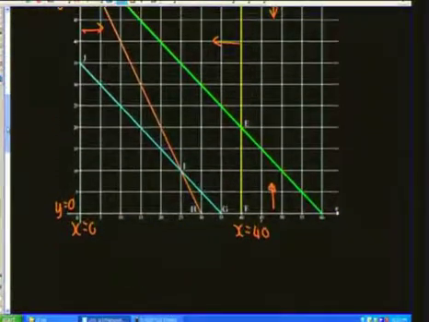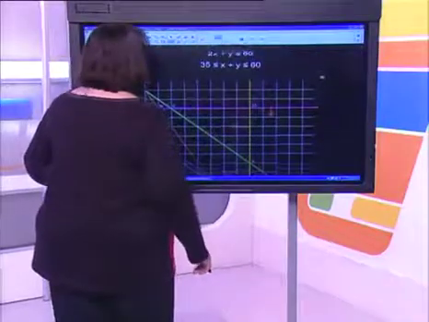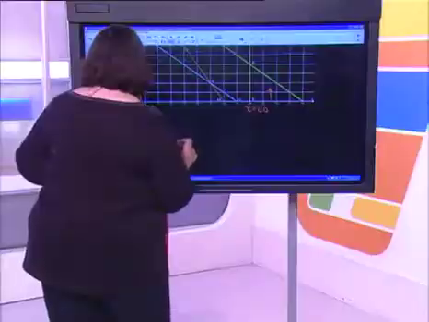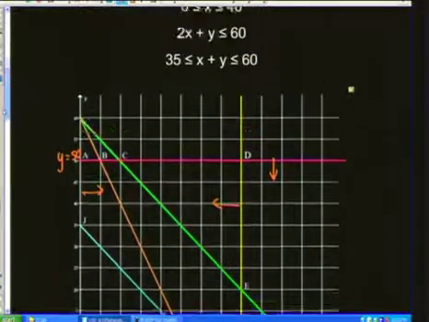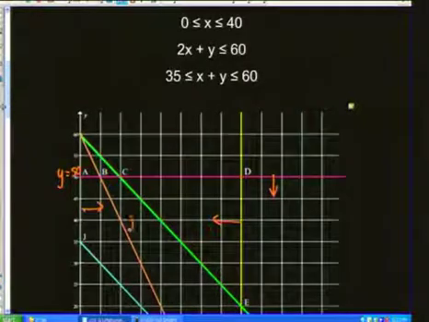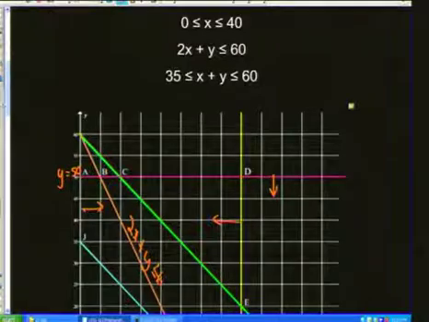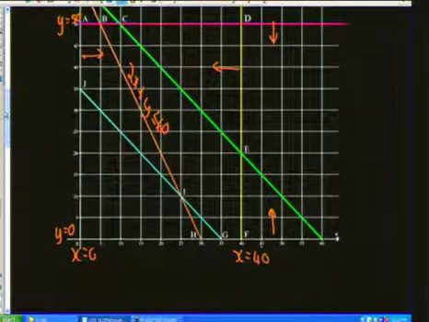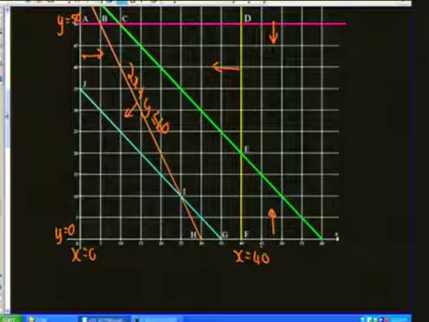And then that means I'm dealing with this line here. Okay, sorry, it's 2x plus y less than or equal to 60. Means that we are going to look at that, and to shade that, it's y less than, so it's underneath. So far we're looking like this.